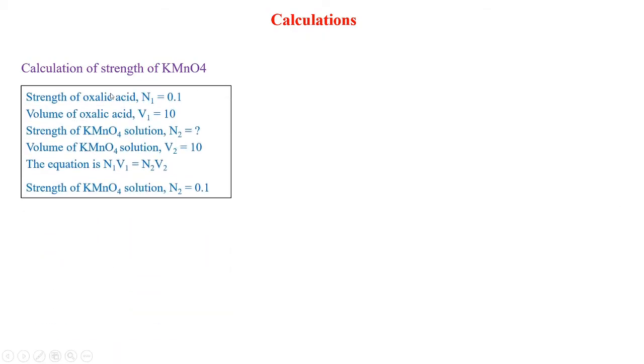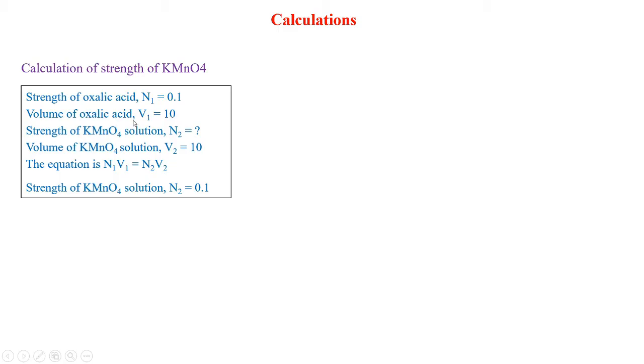Now we are going to explain the calculation of this experiment. First we calculate the strength of potassium permanganate. We take 0.1 normal oxalic acid and the volume of oxalic acid is 10 ml. Now we have to calculate the strength of potassium permanganate solution.